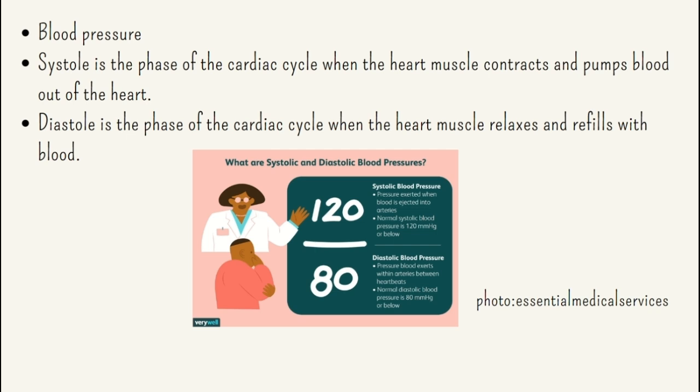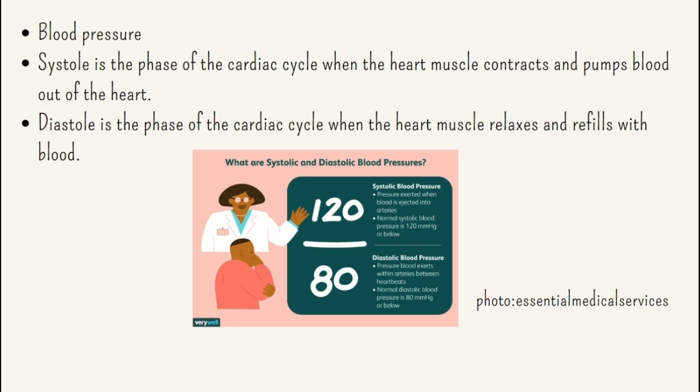Alright, so now with blood pressure, basically we know that high blood pressure is hypertension, right? We're going to be talking about how they measure blood pressure. You have the systole value and you have the diastole value. The systole is the phase of the cardiac cycle when the heart contracts and pumps blood out of the heart, right?